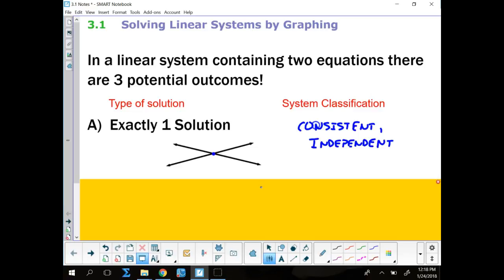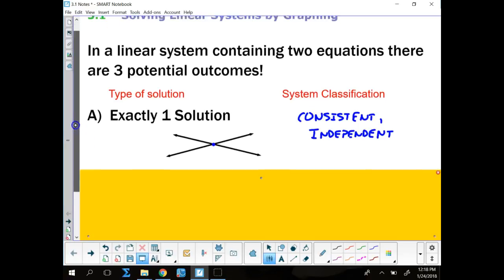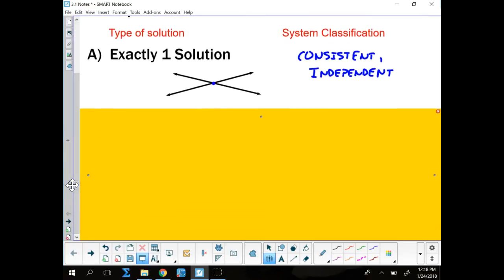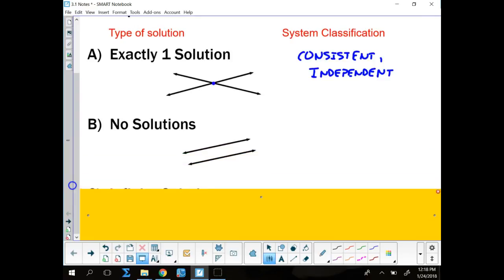Okay. What's another way that those two lines could interact with one another? They're parallel. So what about parallel lines? They never intersect. Okay.